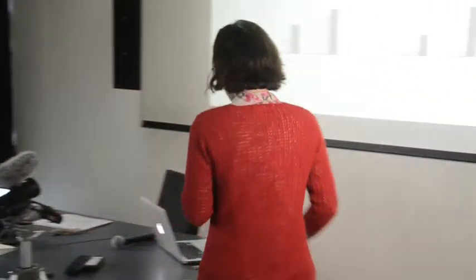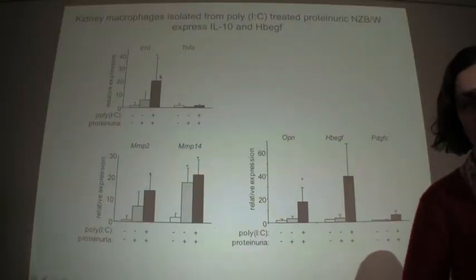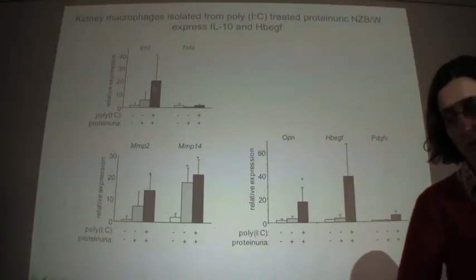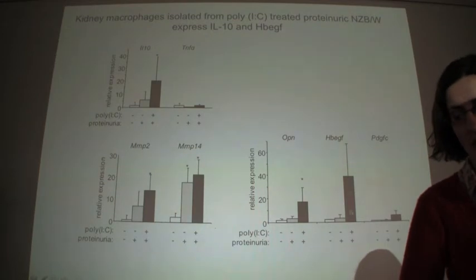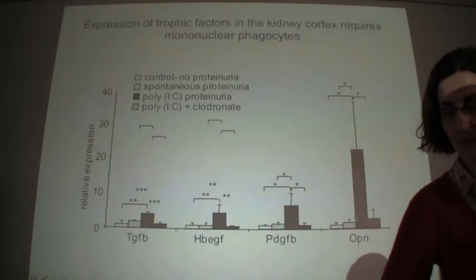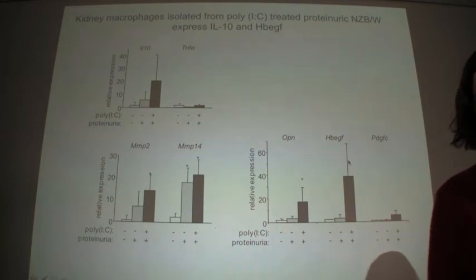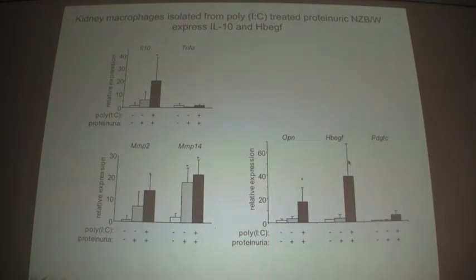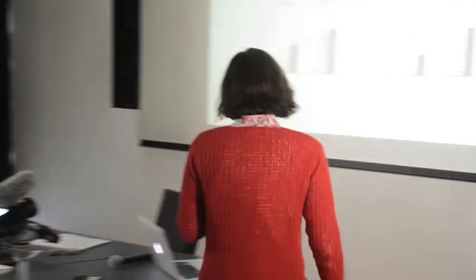In this case, no. So to our surprise, we saw that the macrophages were expressing tons of IL-10. And what was important in the end is that they expressed this molecule, many people have followed on this, which is called HB-EGF. It's a trophic growth factor. It signals on other cells that have an EGF receptor to proliferate, and actually proliferative lesions. So that was important.